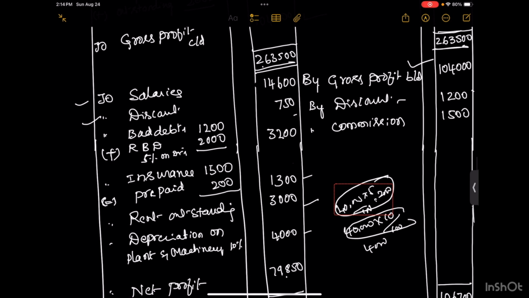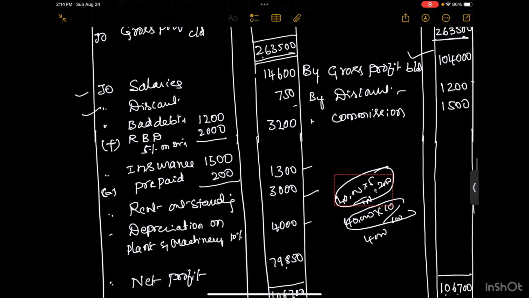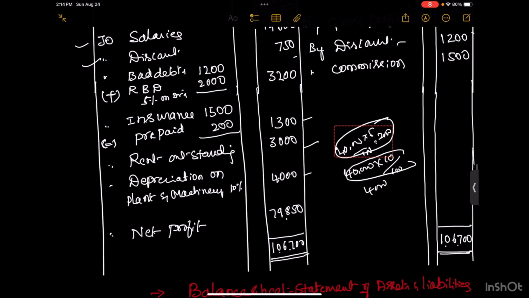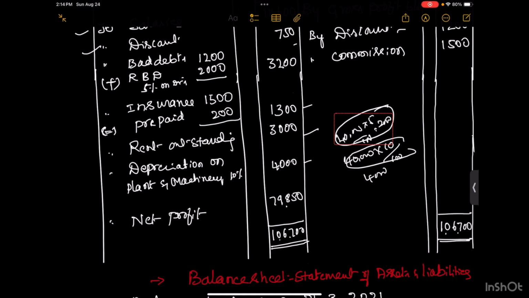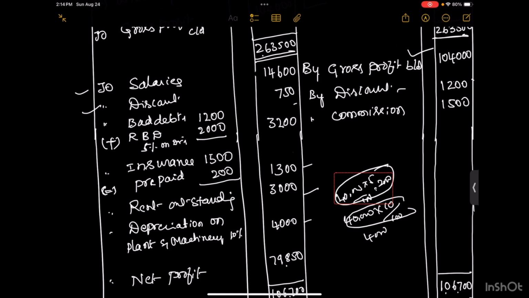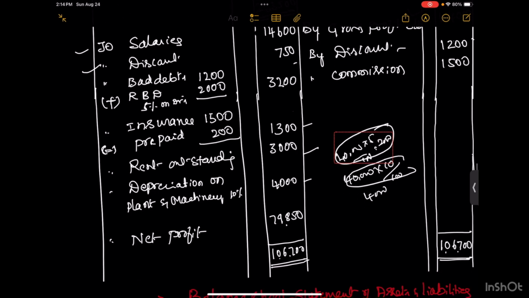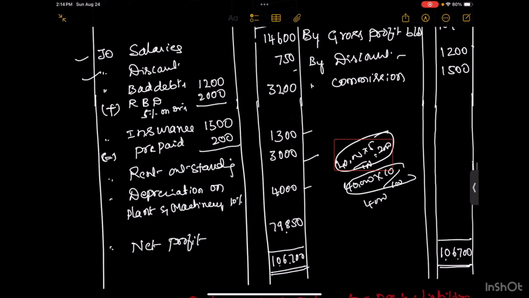So now we have to make a total of 1,04,000, 1,200 and 1,500. The total becomes 1,06,700. Likewise we have to make a total of 14,600, 750, 3,200, 1,300, 3,000 and 4,000, which is less than 1,06,700.